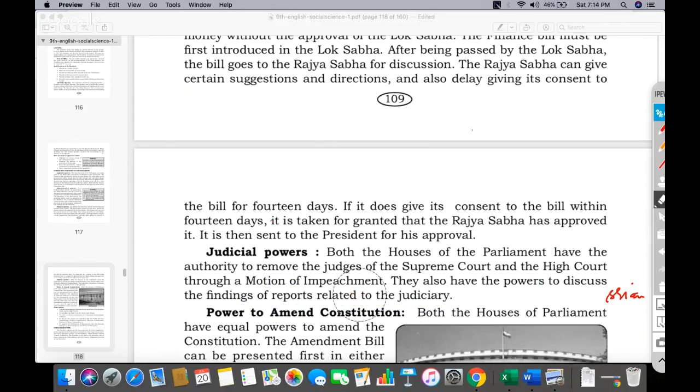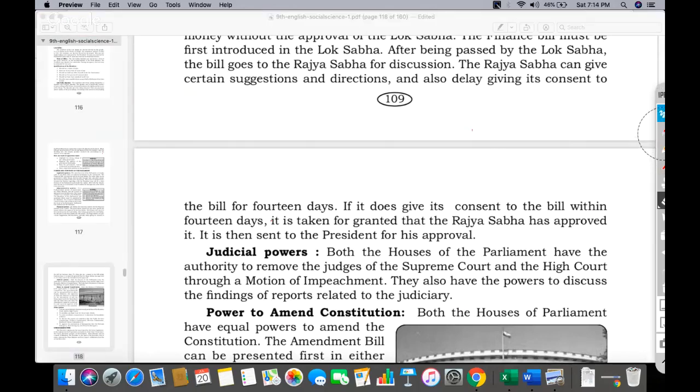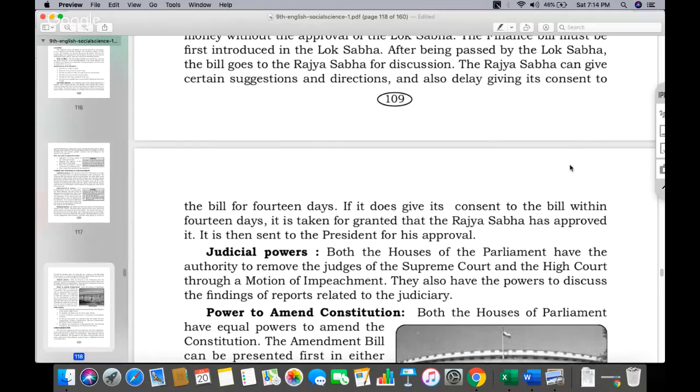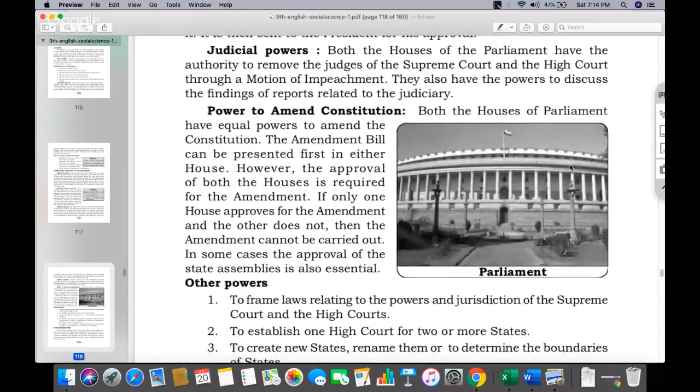And if any judge is found to be not following constitutional procedures, he can be impeached by the parliament. Has any judge been impeached by parliament yet? No. No judge of Supreme Court and High Court has ever been impeached by parliament. There was a motion against one judge, but that was defeated in parliament, so that was not possible.